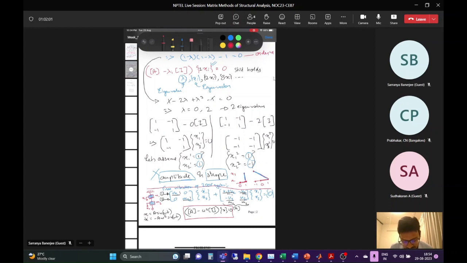The k by m matrix that we have considered as A into x, and we have put the values of x1 double dot and x2 double dot. So that will make us minus omega square a1 sine omega t, and minus omega square a2 sine omega t. So that will be omega square into, this is now the identity matrix, I. So this form of the equation is okay.